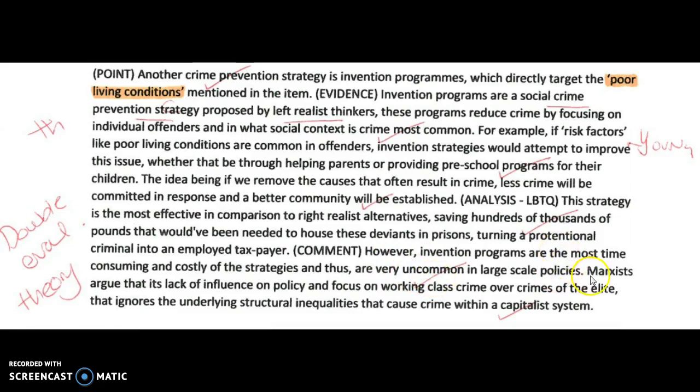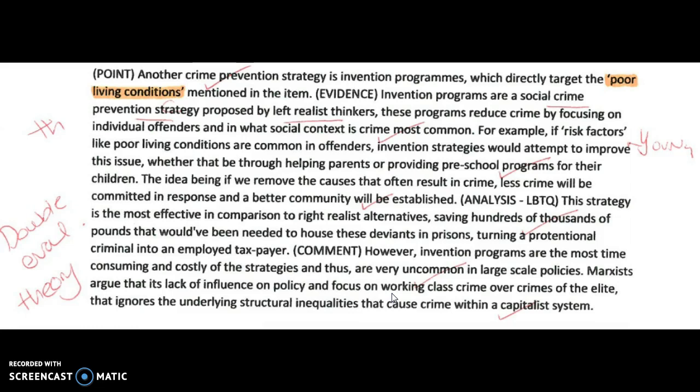What I quite like as well is that she links it into Marxism, using her knowledge of the Marxist influence on policy making, that it focuses on street crimes, which might be the reason why it's never prioritised by governments and so on.